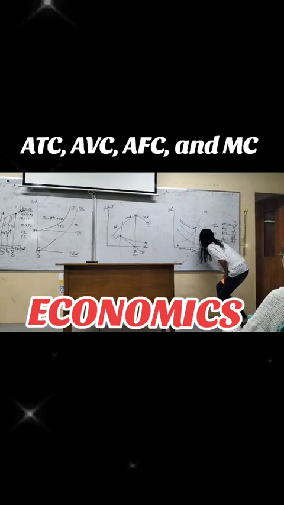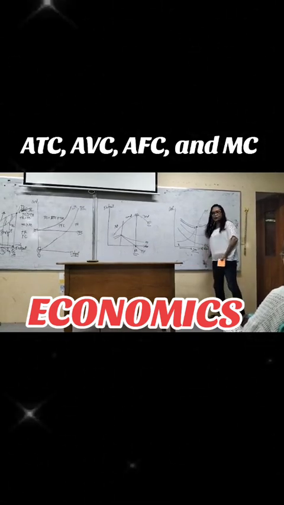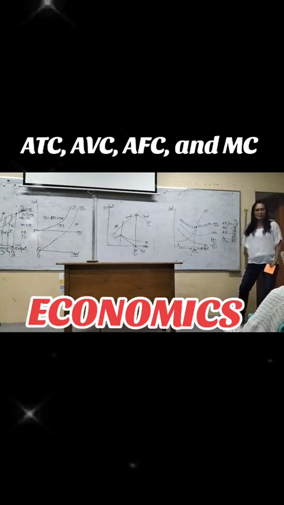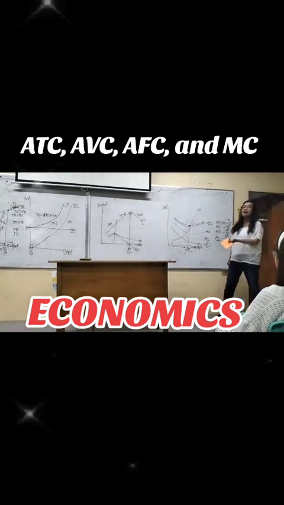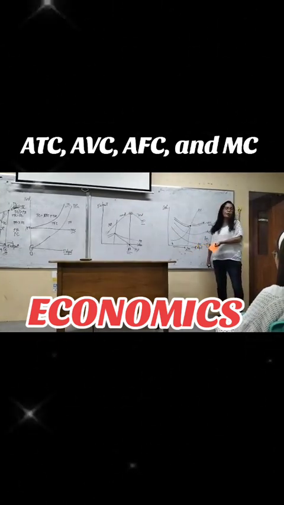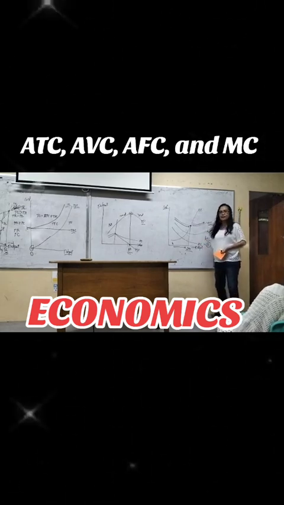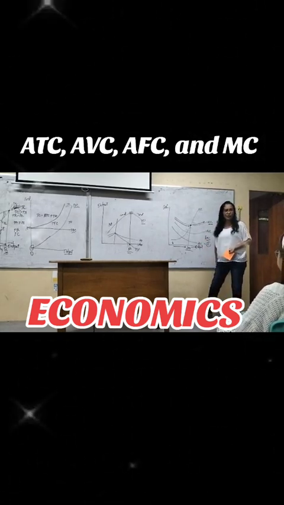If the firm produces more than 200 units, our average total cost will start to increase. Therefore, the firm should not produce more than 200, otherwise, there is an increase in the cost of producing.